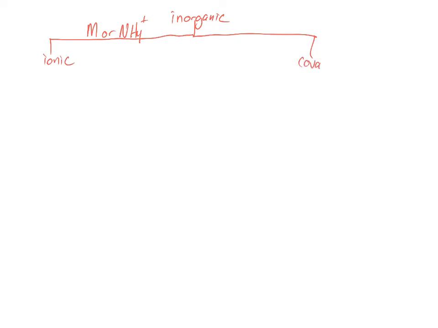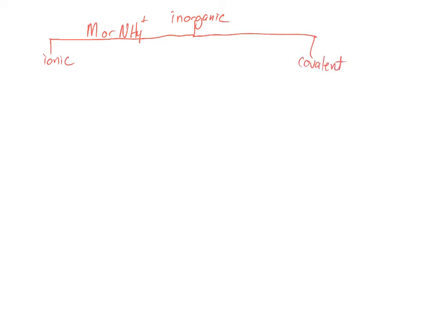When it comes to naming inorganic compounds, the first thing we want to look for is, does it start with a metal or ammonium? If it does, we're going ionic. If it doesn't, we're going covalent.